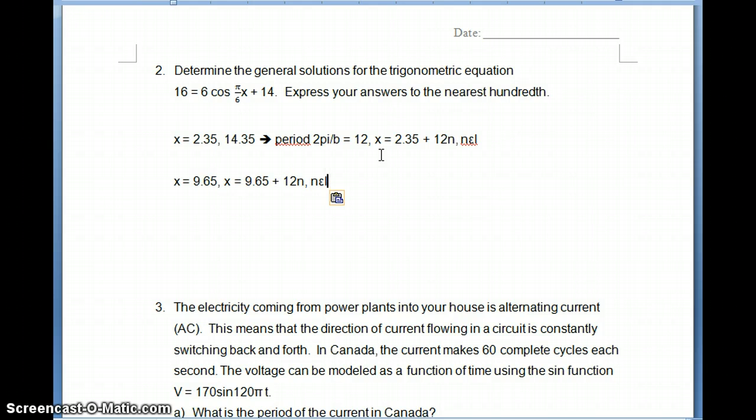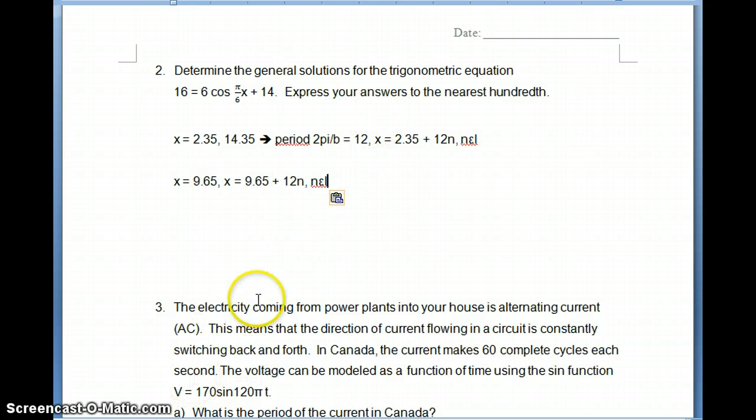Hopefully that makes sense. Just ask me if you have any questions. So you find those points each time it occurs during your cycle, and then you add your period times the variable n, so that we can account for any number of periods.